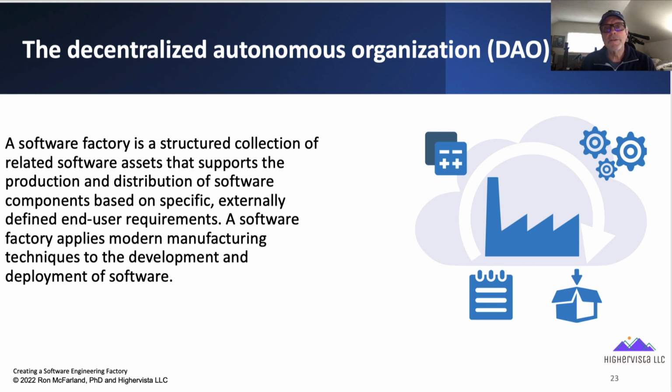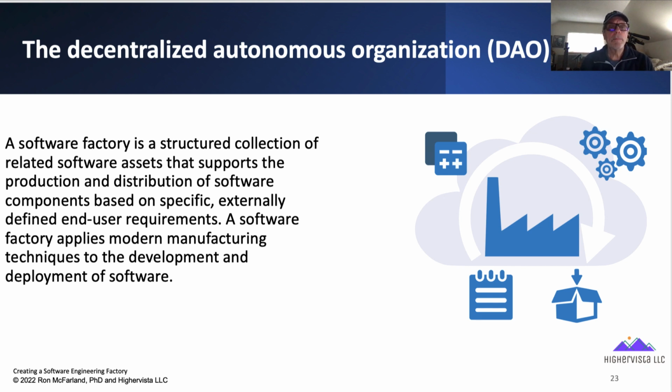Both the production and distribution of software components based on specific, externally defined end user requirements. So there's a little bit of a different twist there. If I'm creating financial software and I'm using C++, I can buy a whole library of financial objects. But think of it in terms of user requirements that we're building this software factory about, if you will.